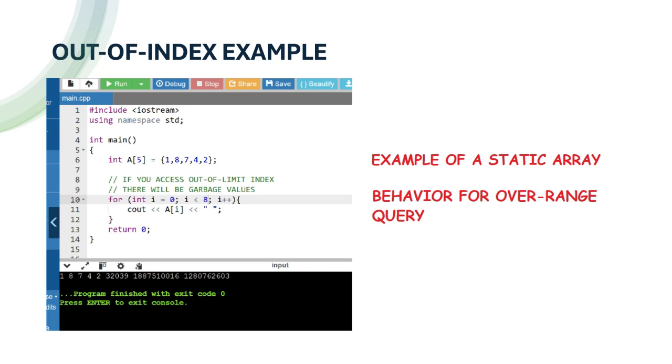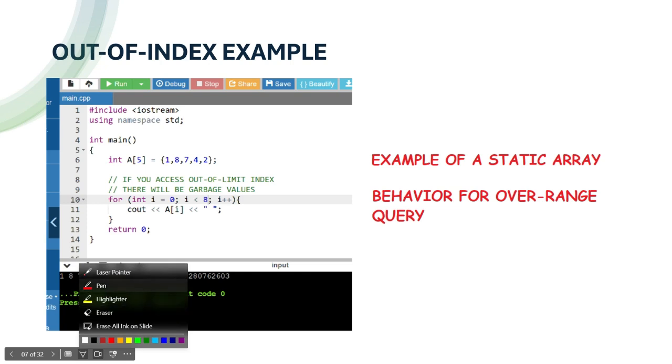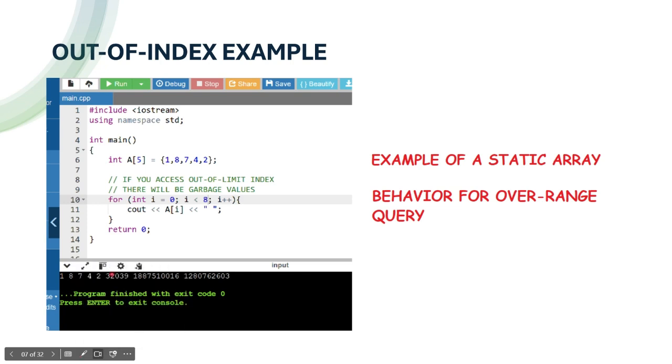So when the overrange query happens, the memory blocks that are not initialized by the array are gonna return garbage values. As you can see here, after number 2 on the screen, the next 3 numbers are just garbage values randomly generated by the computer, rather than values generated by the user.